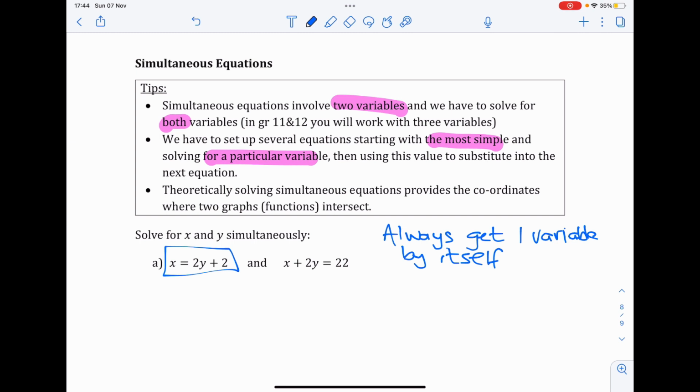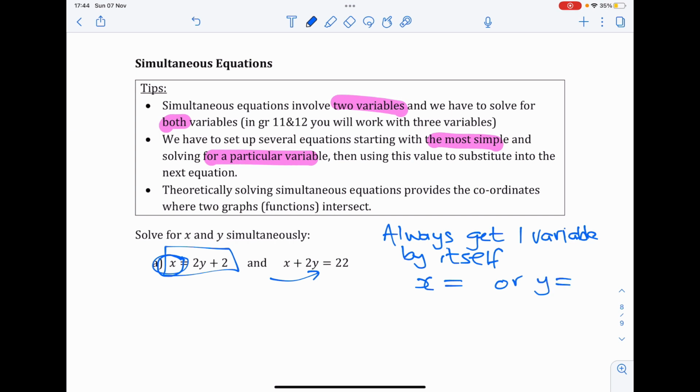It can be x, it can be y. If they use different variables, it can be any of the different variables. You just want one of the variables by itself equal to the rest of the equation. Okay, you don't need to do it for the y as well. We only need one. It might have been the y in another example. We just need one. x equals or y equals.